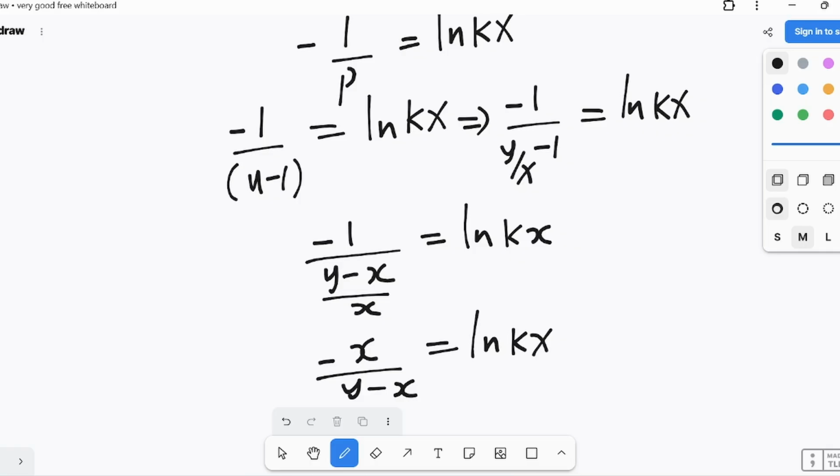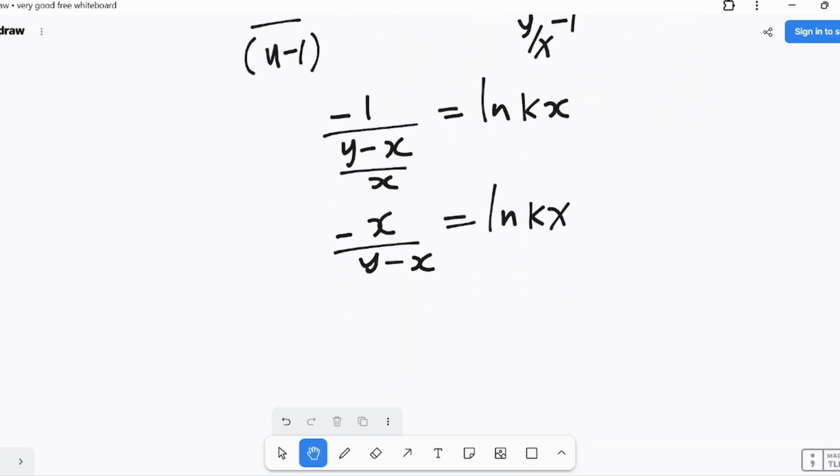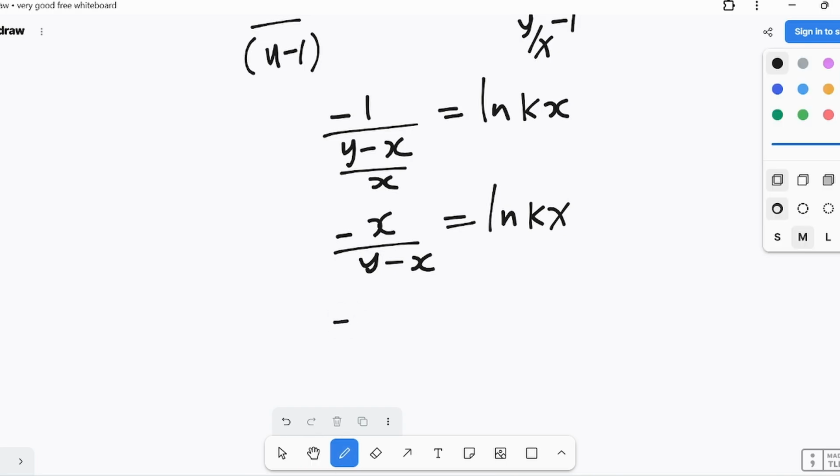Now cross multiplying and simplifying, we can have negative x out of ln kx is equal to, we have cross multiplied and divided, so it's equal to y minus x.